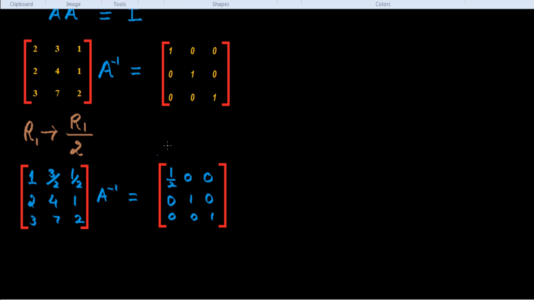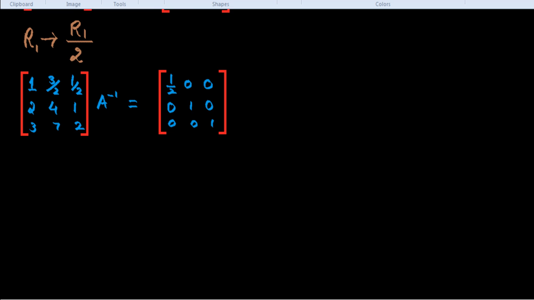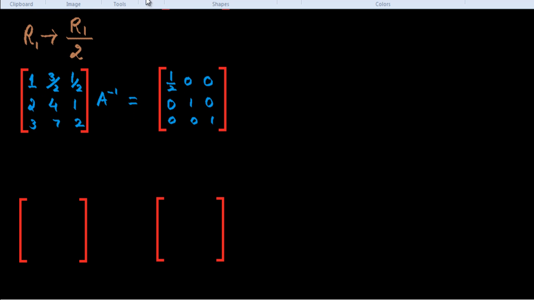Now what we have to do, we have to make this element 0 and this element 0. Here you see in the column 1 in the identity matrix this is 0, 0, so we have to make it 0, 0. So what we will do now, explain you. We will do R2 tends to R2 minus 2R1, because this element is 2, we multiply with 2 this 1, so we will get 2. 2 minus 2 is 0, so 2R1.